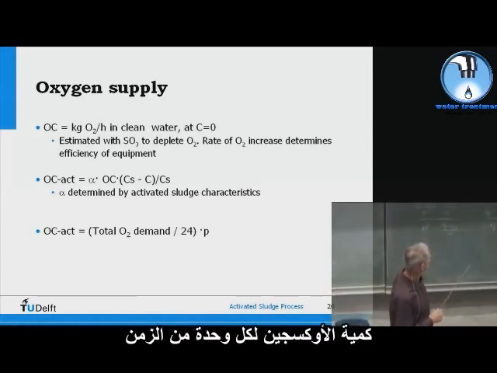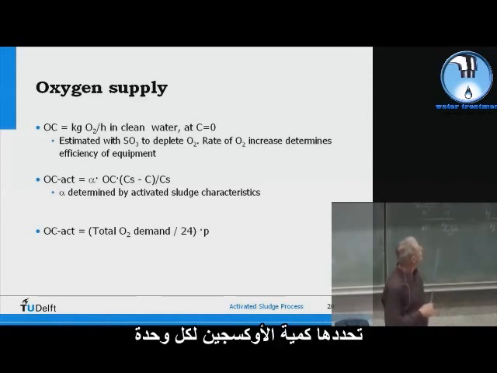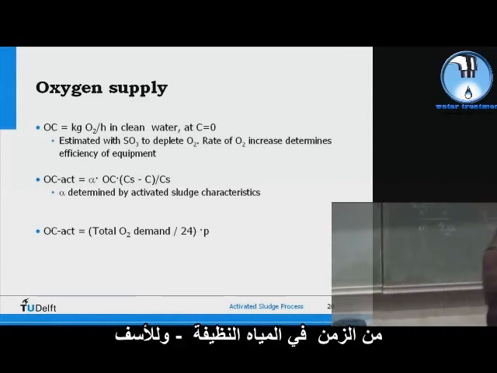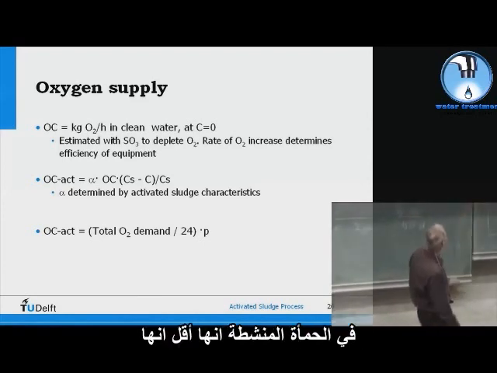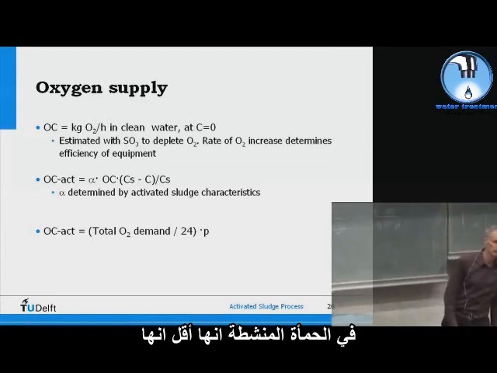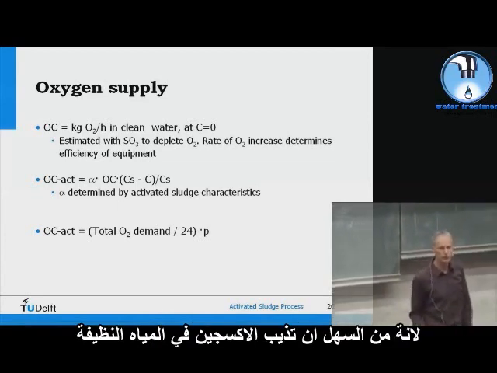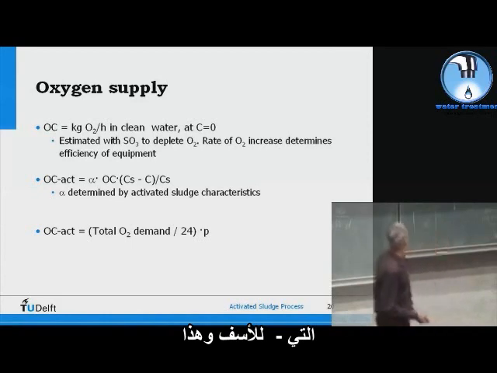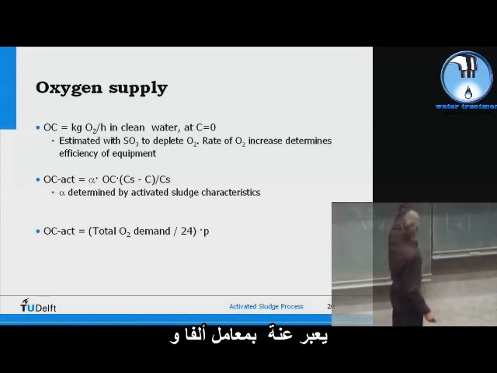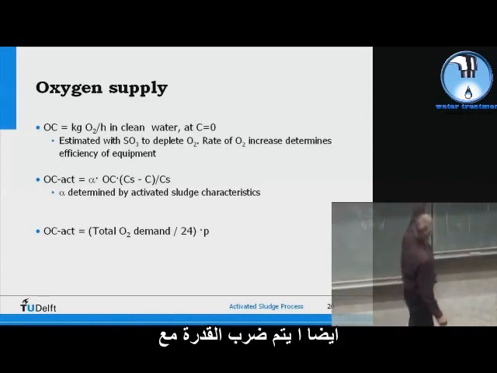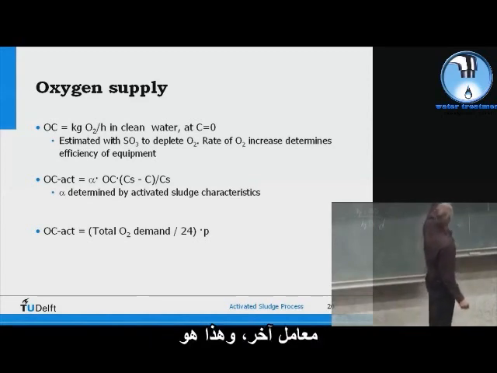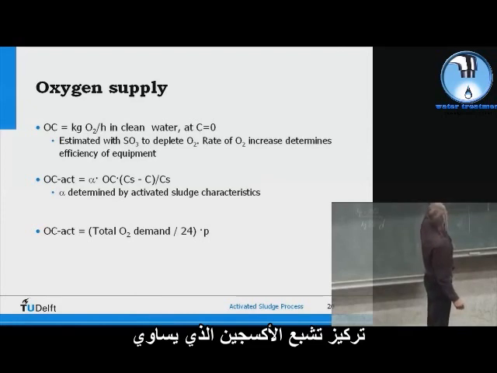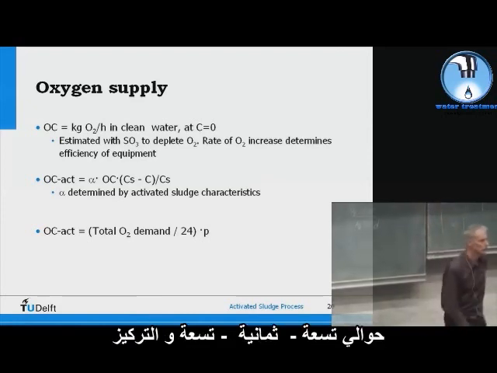That's defined by the amount of oxygen per unit of time in clean water. Unfortunately, in activated sludge it's less; it's easier to dissolve oxygen in clean water. That's expressed with this alpha factor. The capacity is also multiplied with another fraction, the saturation concentration of oxygen, which is about 9.